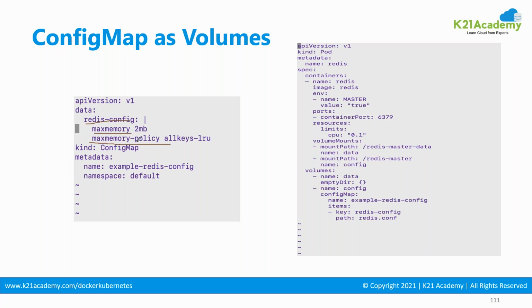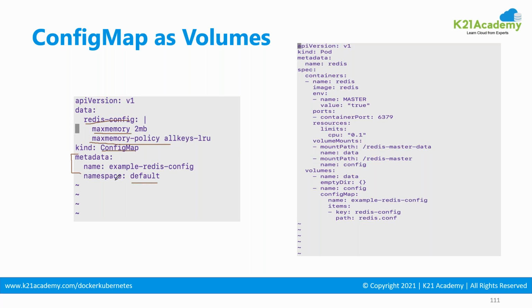These are some system parameters for the Redis, and this is the kind called config map, right? And here we have passed two values. This is the metadata of the config map, in the default namespace. So two parameters which are required for the Redis configuration we are passing out. One is the max memory and another one is the max memory policy. These two values we are passing out.